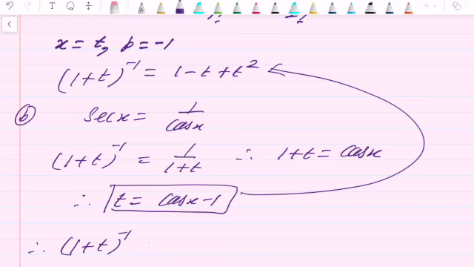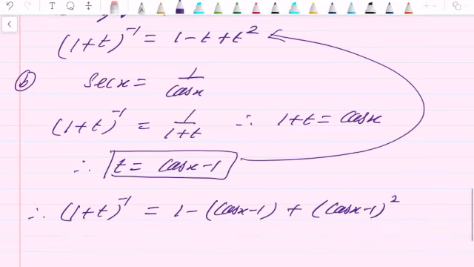So therefore 1 plus t raised to power -1 is equal to 1 minus (cos x minus 1) plus (cos x minus 1) whole square. The left hand side is secant x because we have already seen it over here.